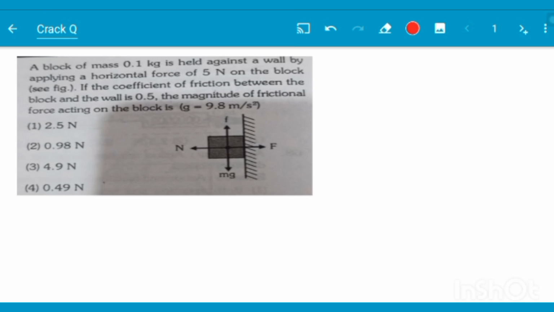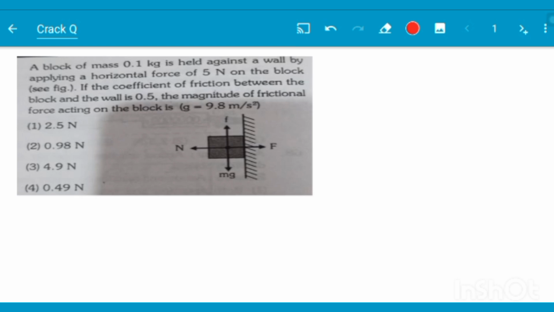Now I am applying a force of 80 Newton, so the static friction changes into kinetic friction, and the kinetic friction, for example, becomes 70 Newton. Now I am applying a force of 100 Newton. Then also the kinetic friction will remain as 70 Newton. That's the difference between static and kinetic friction.